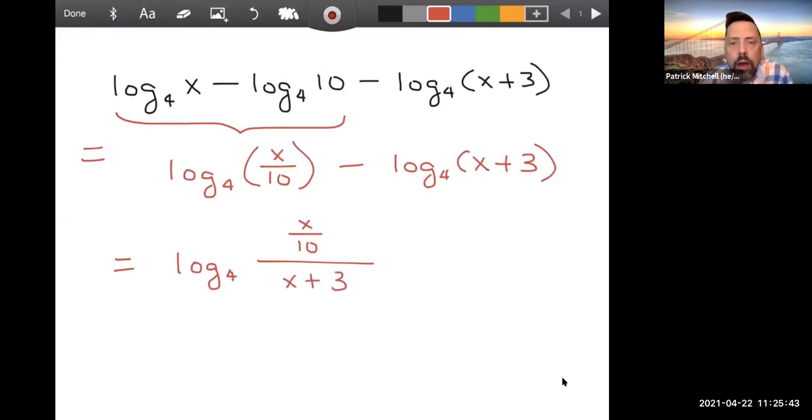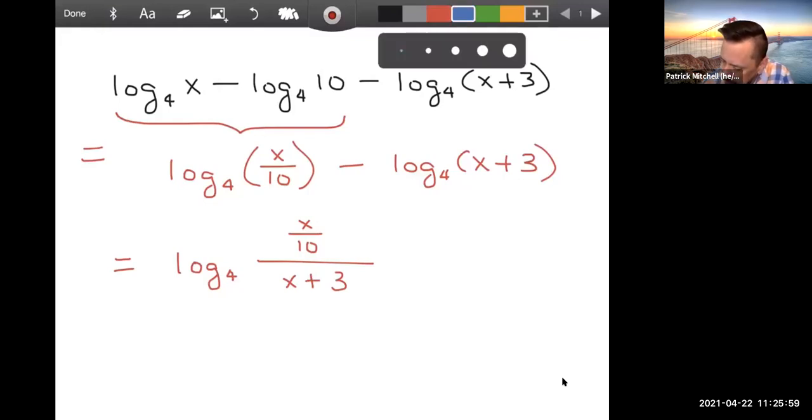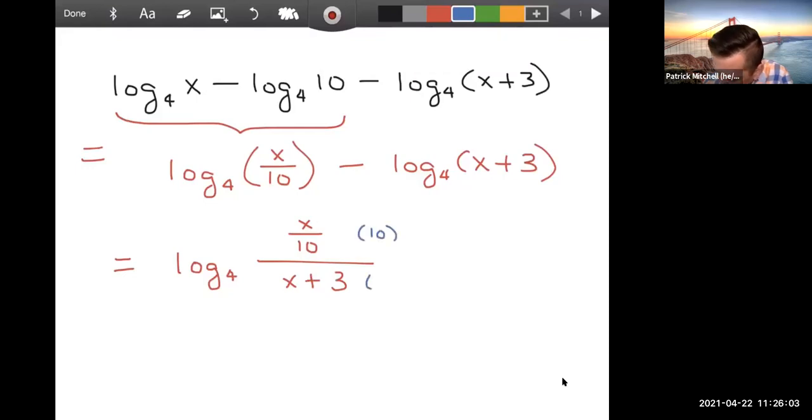Okay. Now, hopefully you remember from chapter 7 that we don't like complex fractions. And when I say we don't like them, we just don't like to leave our answers as complex fractions. So let's simplify that complex fraction. I'm going to multiply the top and the bottom by 10. And that's going to get rid of this 10.